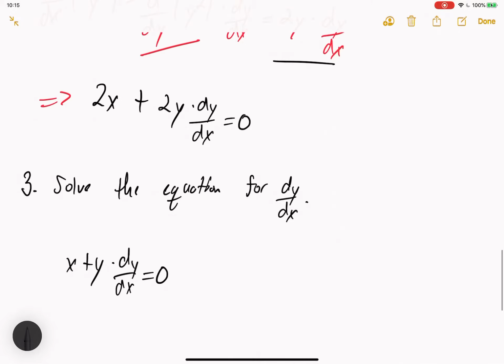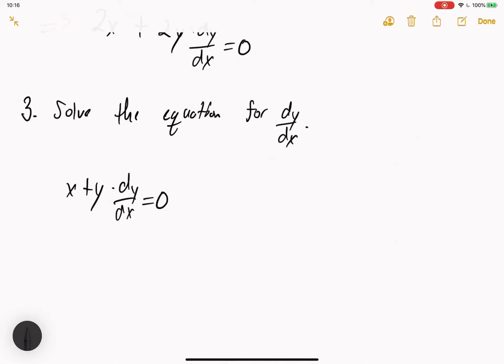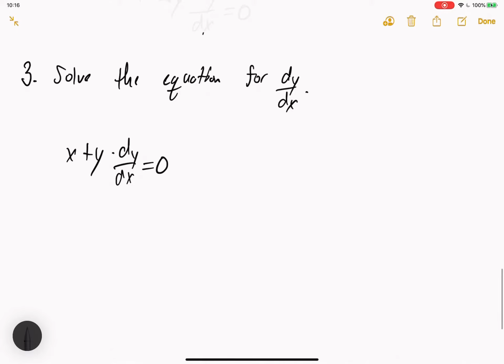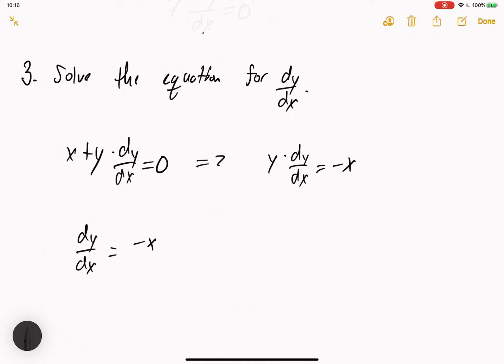Because you can just cross out these 2's, or divide them out, whichever you want to use to justify it. And then lastly, we subtract that x over to get y times dy dx is equal to negative x. And then what that tells us is that dy dx is equal to negative x divided by y.